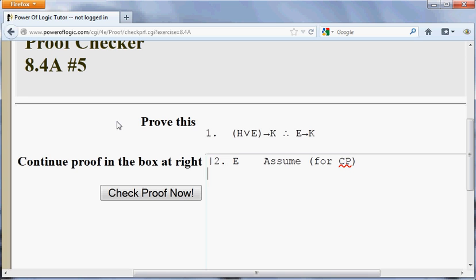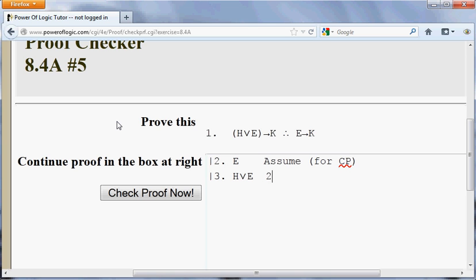Now I still need to indicate to the program that I'm in the scope of an assumption, in a box. So I'm going to put that line before line number 3. Now I want to prove K, because that's the consequent, the then part of the conclusion. It's really easy now. I could just take E and use the rule of addition to get H or E. That comes from line 2.